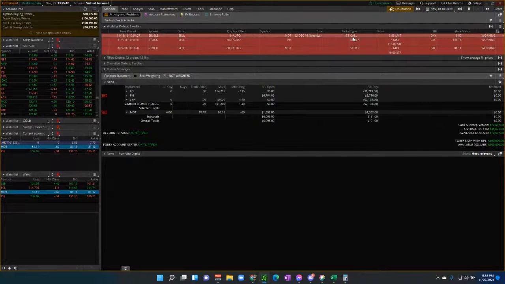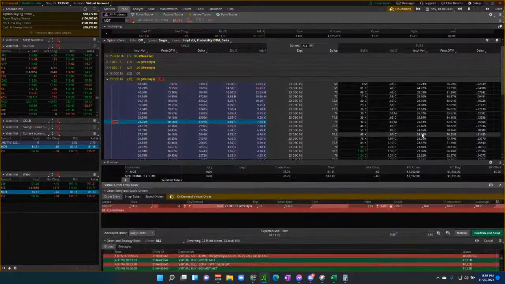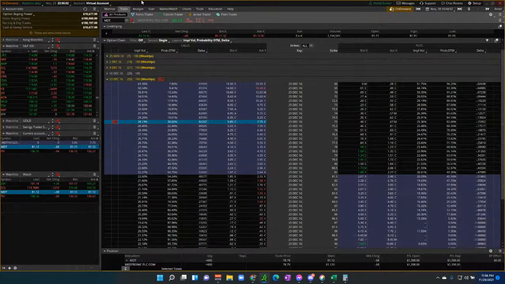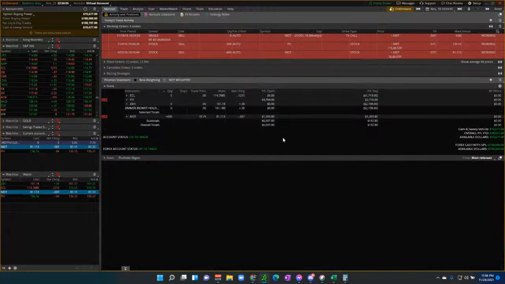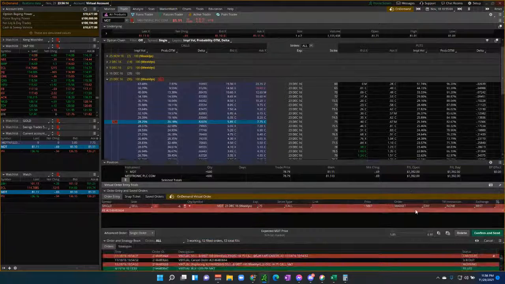See if this will trigger. Sometimes Thinkorswim, the on-demand. This is why I don't really like doing options on Thinkorswim on-demand, because it doesn't like to trigger, even if you put it to market, right? Something odd about it, right? Yeah, even when I set it to market, it doesn't do it.